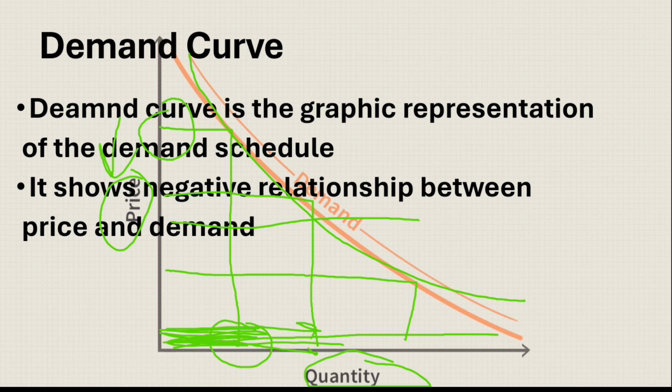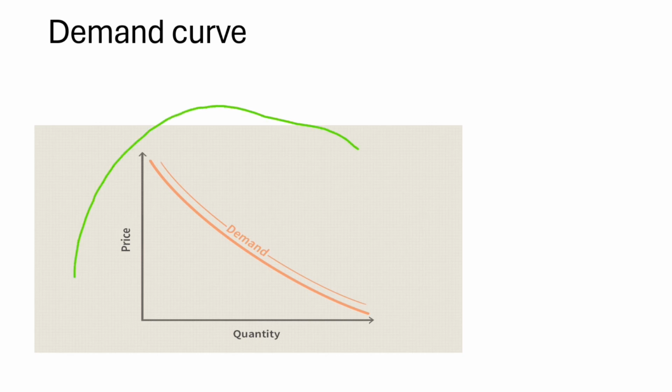Demand curve is simply the graphic representation of the demand schedule. And one of the important things you should remember is that it has a negative relationship between price and demand. So it's actually the law of demand that is being used, that shows the negative relationship between price and demand. You can remember the demand curve, it's a very important thing in economics.